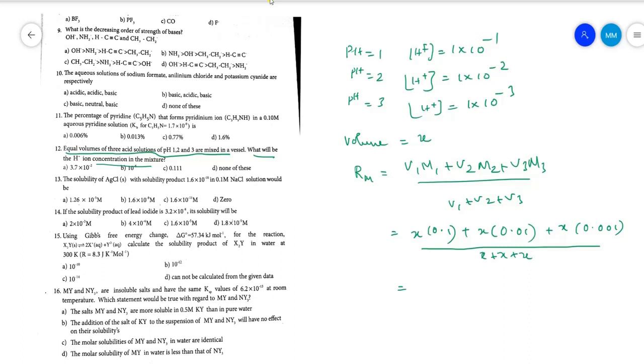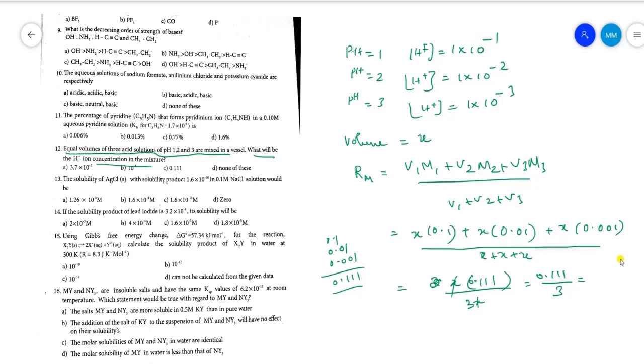X is common, and it will be 0.1, 0.01, 0.001. Thus this is 0.111. So X times 0.111 divided by 3X. The X cancels, and it is 0.111 divided by 3.